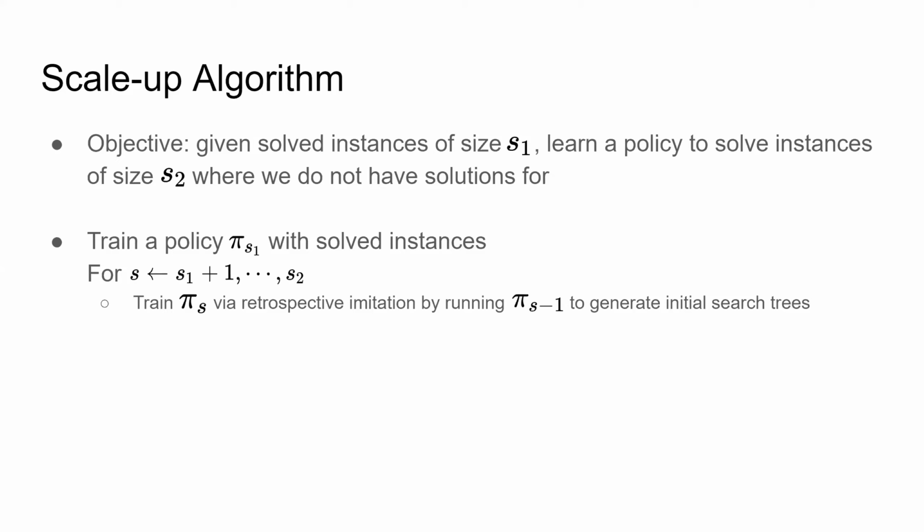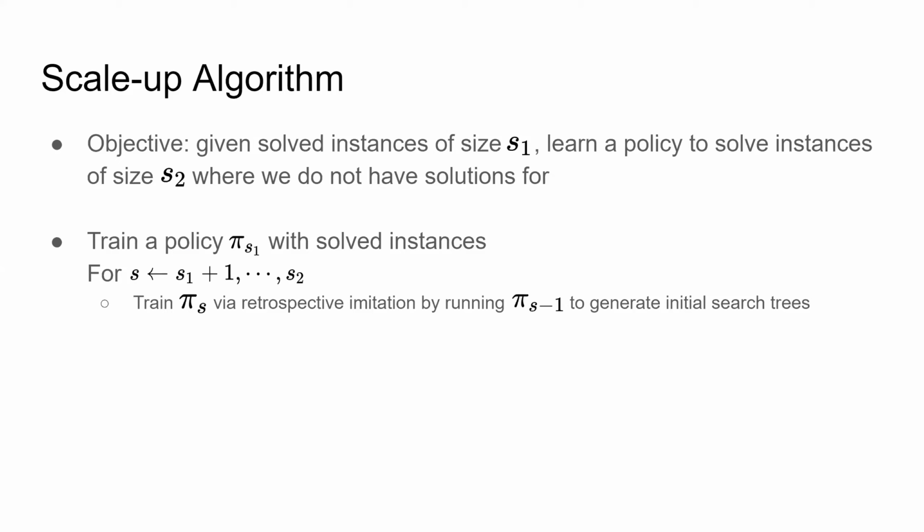And here we're banking on the implicit assumption that if we don't increase the size too much, then the instances will not look too different, which means the policy trained on the previous size can still generalize pretty well on the slightly larger instances.